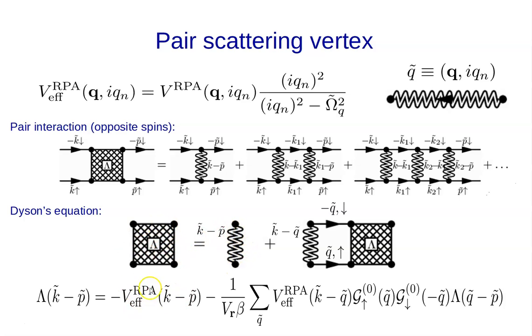The V_RPA effective, remember there's this minus sign wherever I write the diagram, V_RPA of K minus P, plus this K minus Q, the free Fermi line here, times the remaining of the same vertex, since this structure keeps repeating itself.